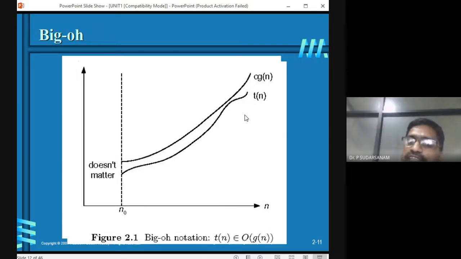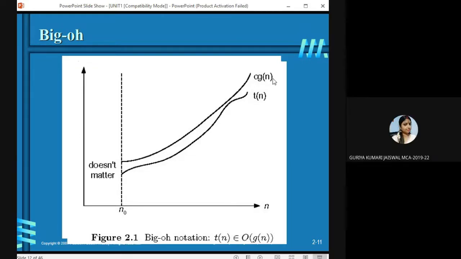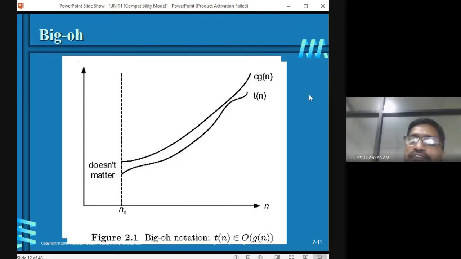There is no doubt in that? No doubt. Now assume T of n is 2 and G of n is 6. So T of n is less than G of n or greater than G of n? According to your definition, T of n is less than G of n.